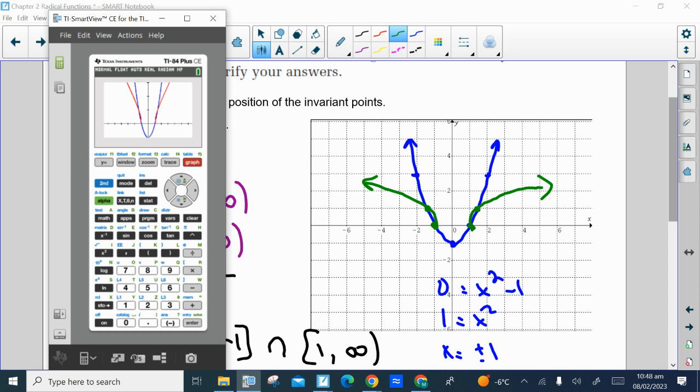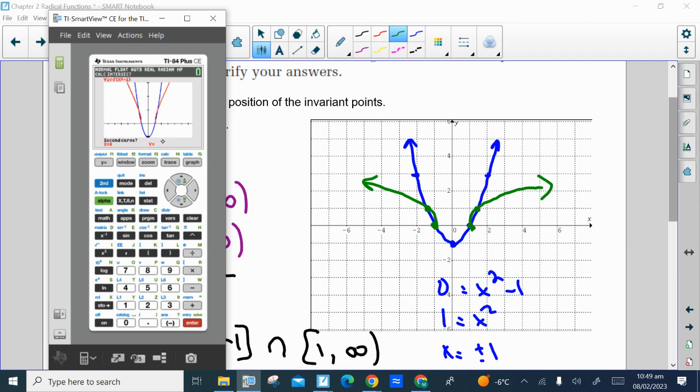Okay, so we can use the calculator to confirm. We can also find our points of intersection. Second function trace, remember that's where invariant points will be. So the second curve right now, it's at x equals 0, and there is no y value displayed because the second graph is not valid when x equals 0.